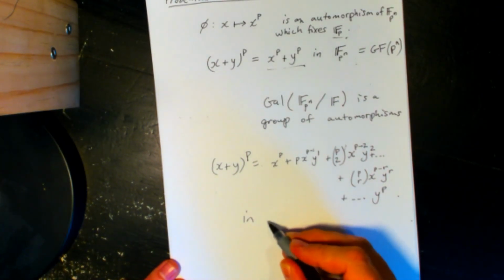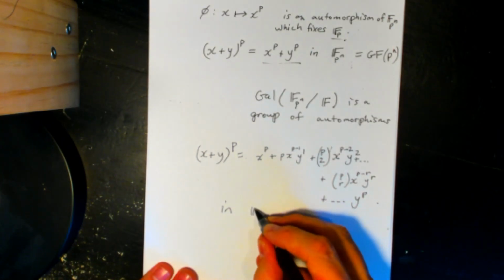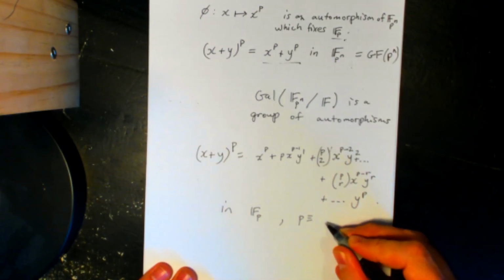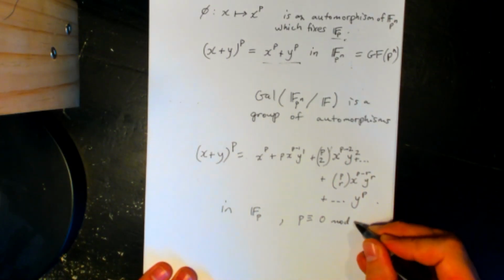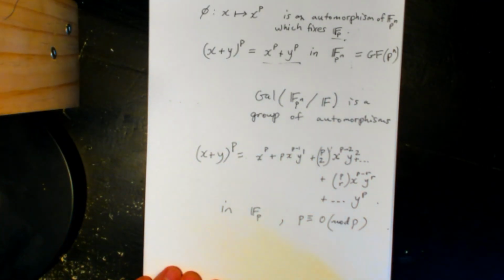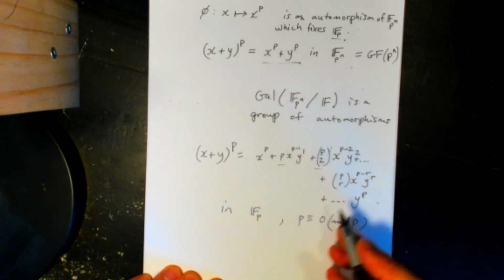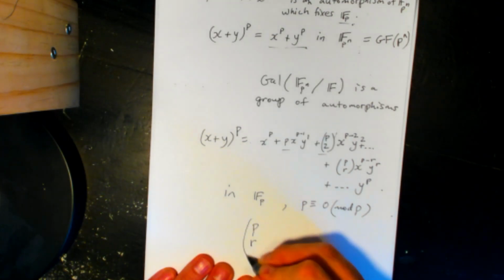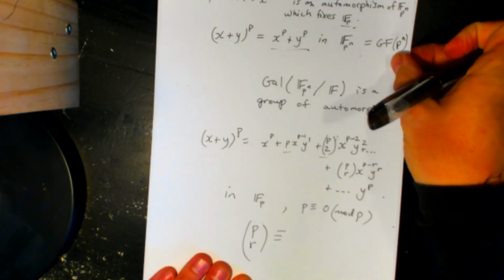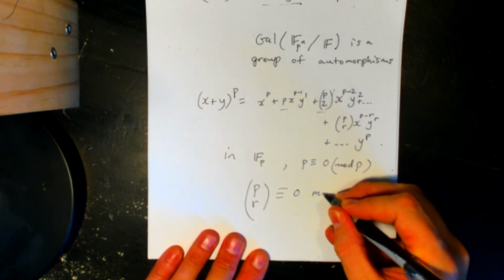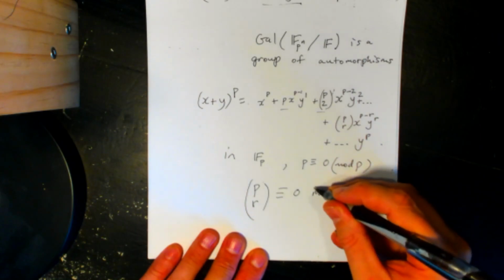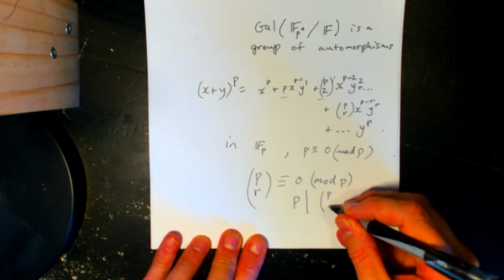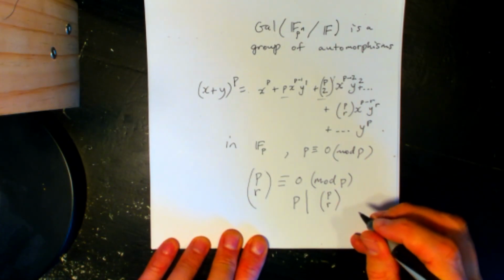But in Fp, p is congruent to 0 mod p, right? And so all of these coefficients have a p in them. So p choose r, for example, is congruent to 0 mod p. In other words, p divides this binomial symbol here, right?